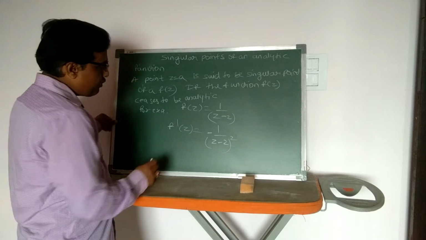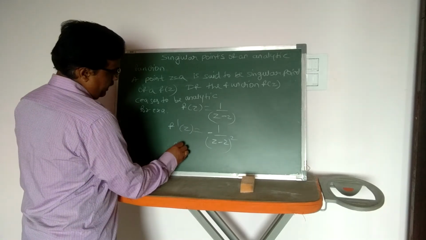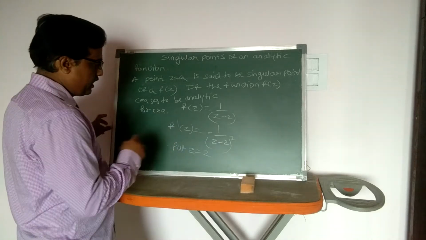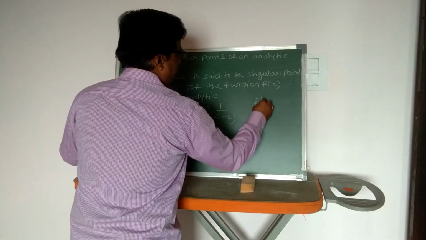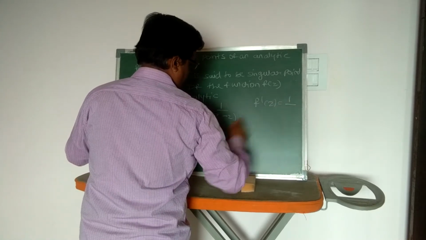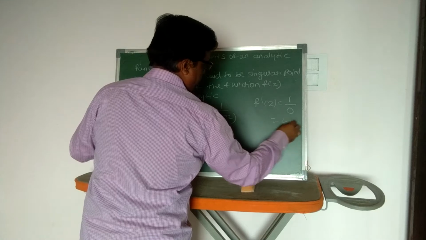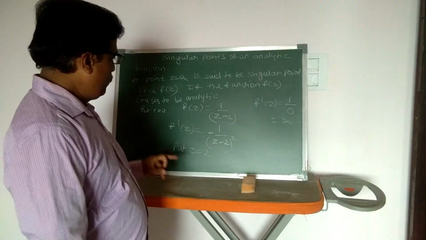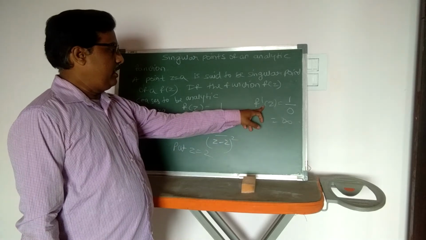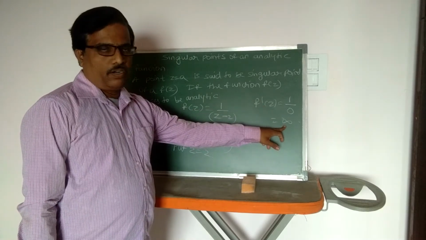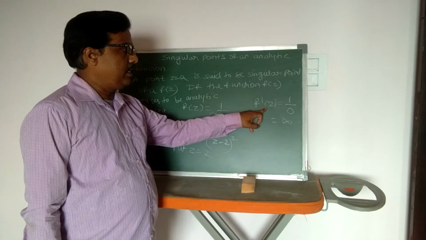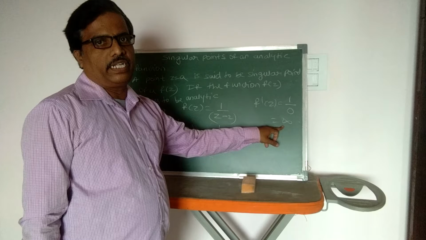Now see here, when you put z equal to 2, what is the value of f dash of z? Then f dash of z becomes 1 divided by 2 minus 2, which is 0, meaning it is infinity. So at z equal to 2, the derivative of the function becomes infinity, or we can say the derivative does not exist.